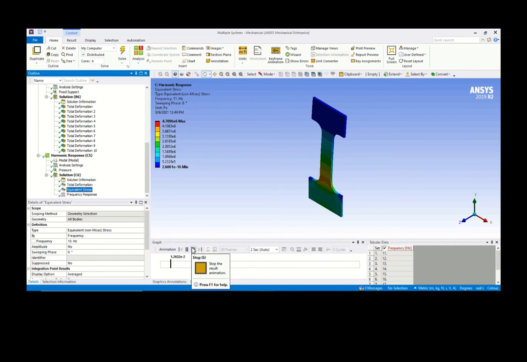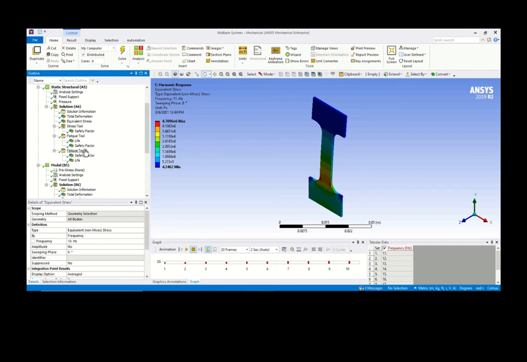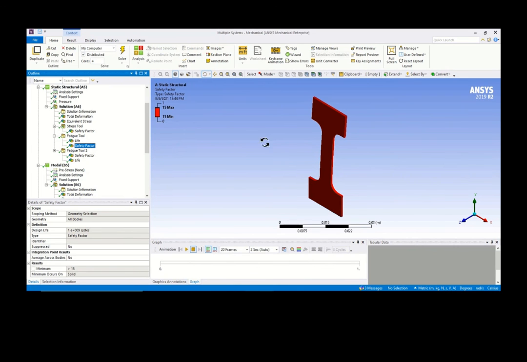So in this case, the safety factor is still valid. At 11 hertz, no issues, no fatigue. But in the case of running at its first natural frequency, you will have failures, and they come much earlier than you expect.